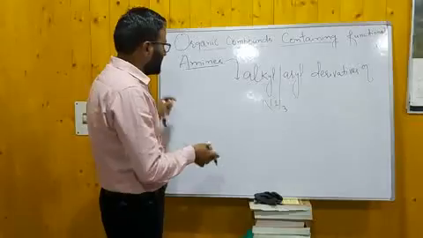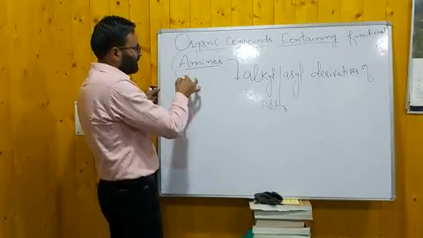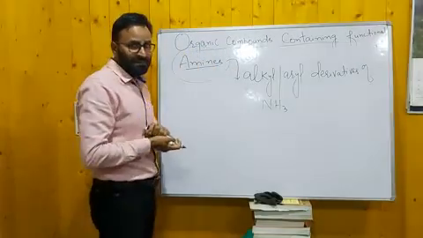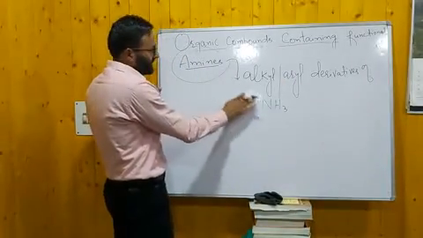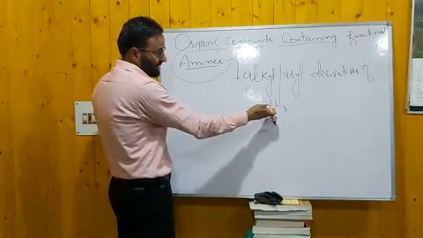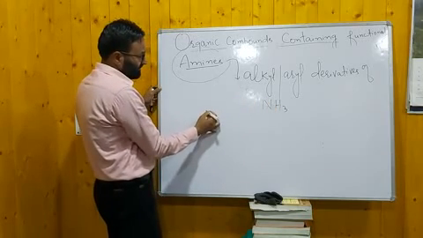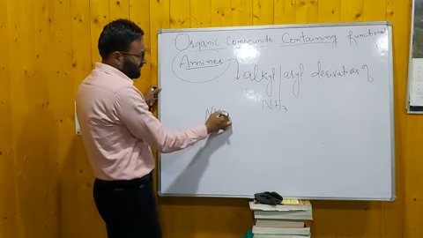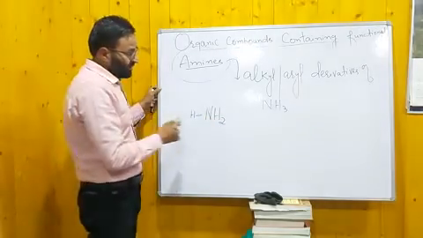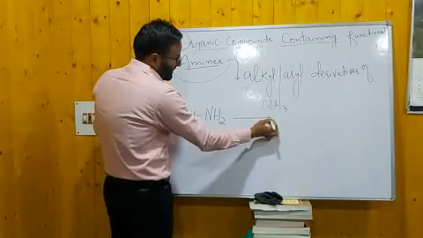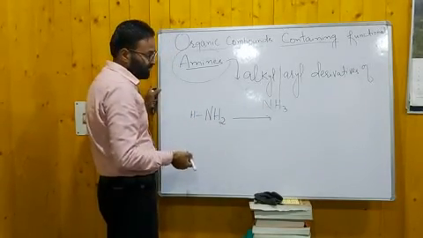It means that if you want to get the amines, you can derive them from ammonia. This is the starting material. Let us say, for example, we have the ammonia, NH3. You can bring the replacement.